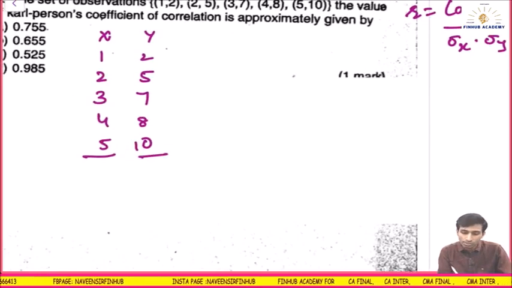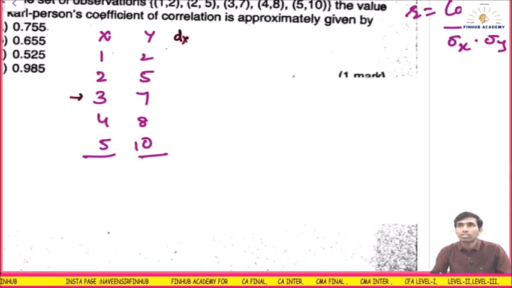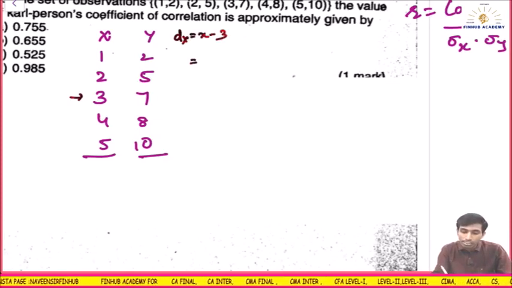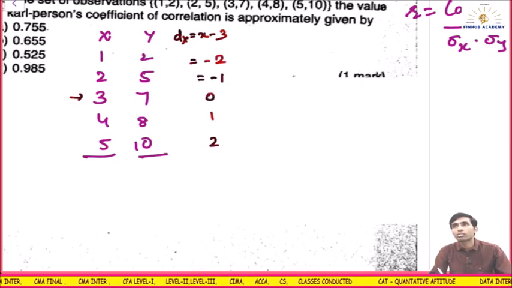Now let us assume this as 3. So if this is 3, my dx is the difference, x minus a, means x minus 3. So it will be 3 minus 3, 0; wait, 1 minus 3 is minus 2, 2 minus 3 is minus 1, 0, 1, 2. Understood? Easy.